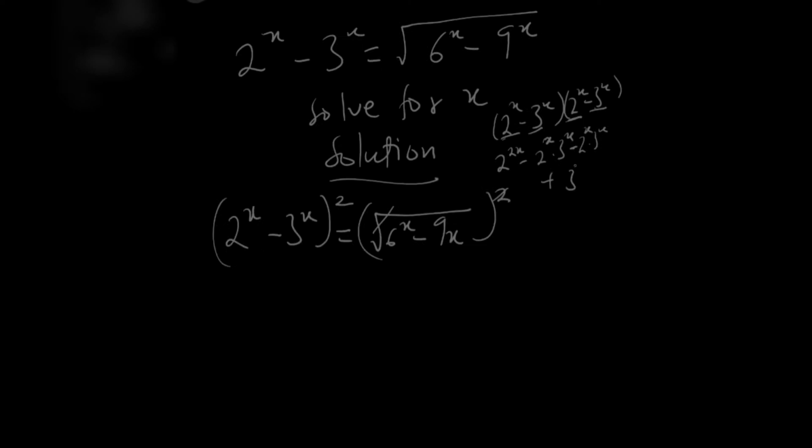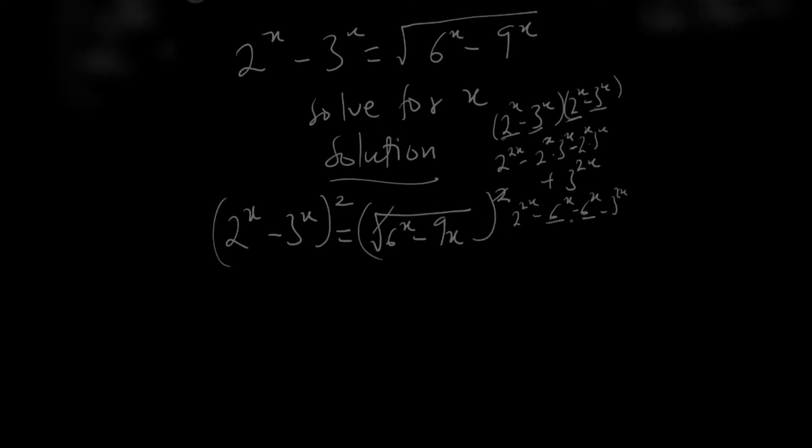Then this goes with this, another 2 power x times 3 power x, then plus this times this gives us 3 power 2x. So 2 power x multiplying 3 power x is 6 power x. So we get 2 power 2x minus 6 power x minus 6 power x plus 3 power 2x.